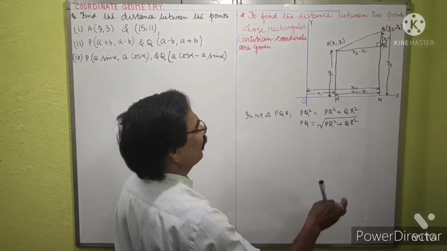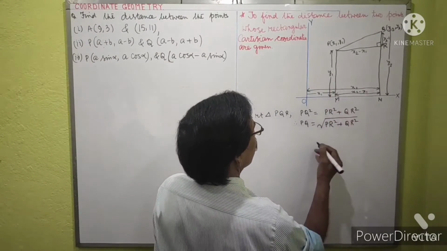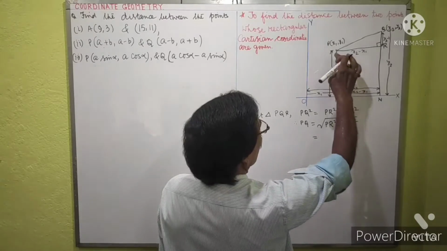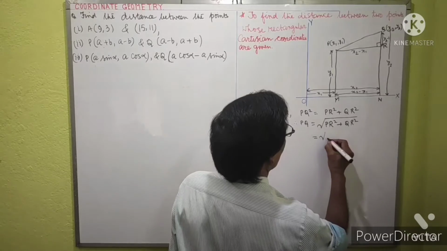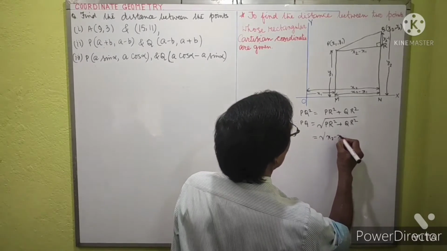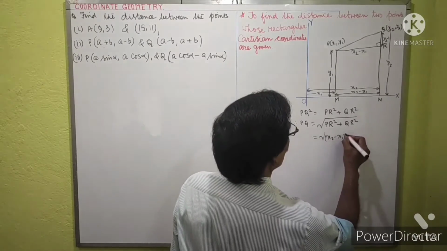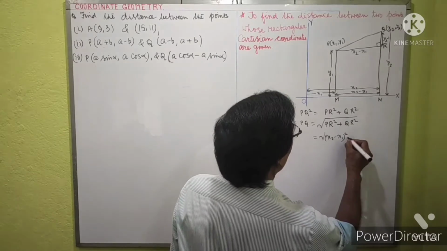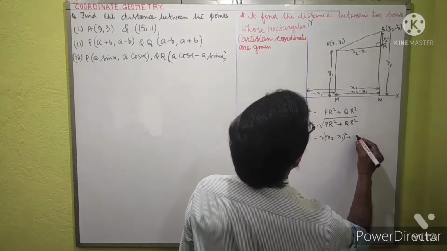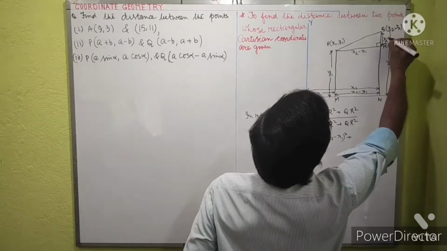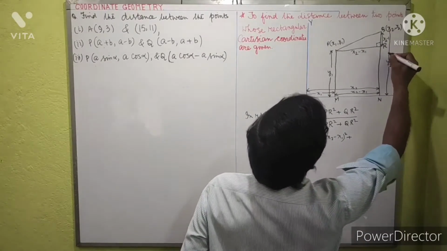Now see that PR equal to x2 minus x1 and in triangle PQR, this is Q, this is R, QR equal to y2 minus y1.